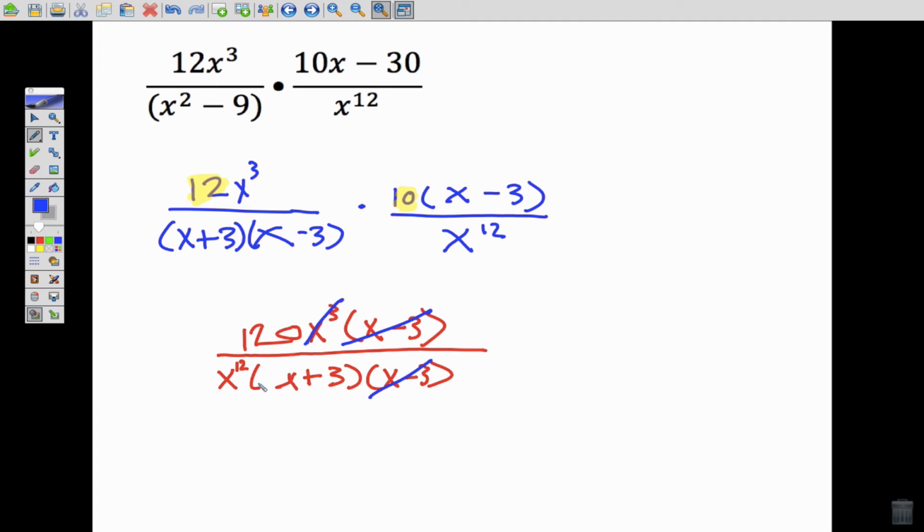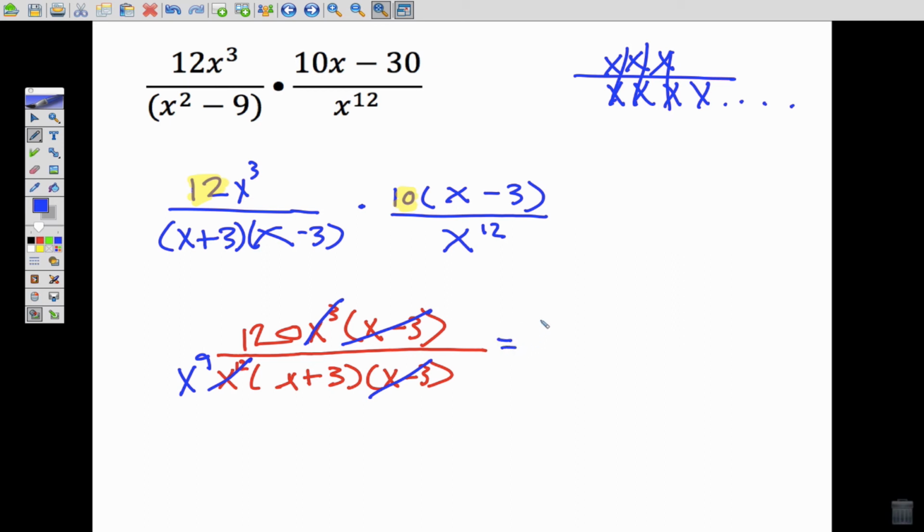So these 3 x's are going to cancel out with 3 of these x's down here, leaving x to the 9th. If we think about that, way back maybe in 8th grade math, x to the third is x times x times x, divided by x to the 12th. There's 12 of these. 3 of these cancel out, 3 sets. They divide to 1, and there would be 9 left. That's where that 9 is coming from.